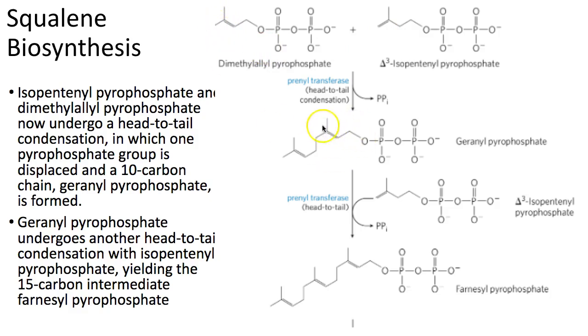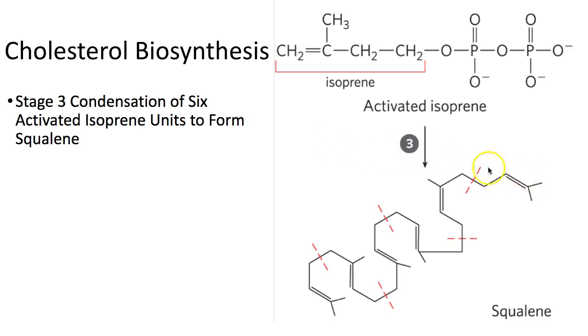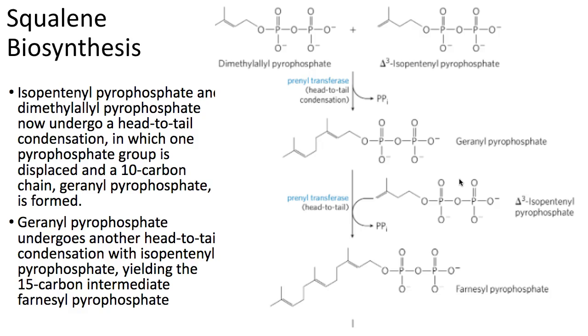And so that's forming this carbon structure, which has two activated isoprenes. So you have 10 carbons attached. But remember, we need a total of 6 attached, and we only have 2 right now. So now we're going to add the third one right here.